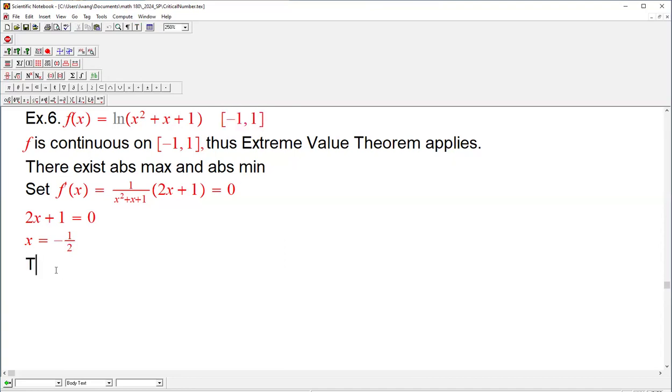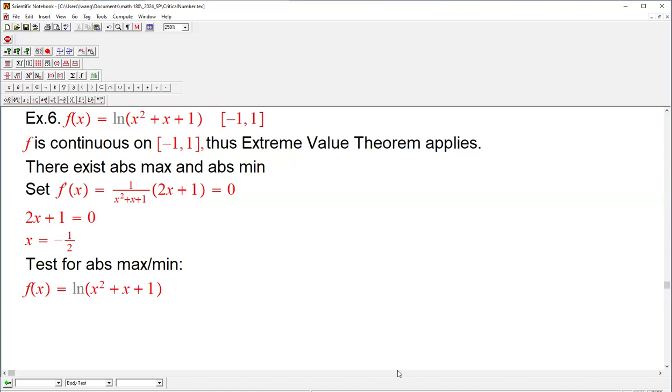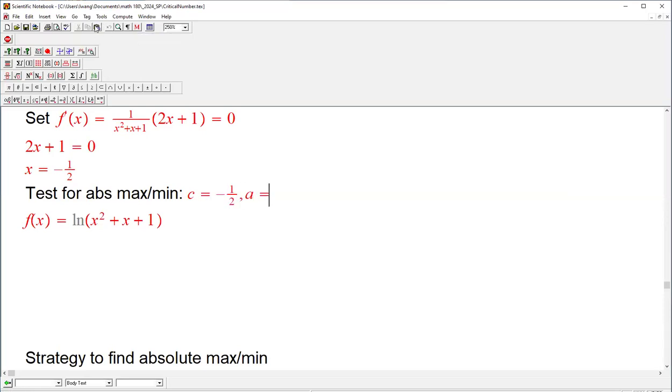So we're going to test for absolute max, min. They both exist. And we're going to test it in this function. Okay, so the point we're going to test is -1/2. A is -1, B is +1.